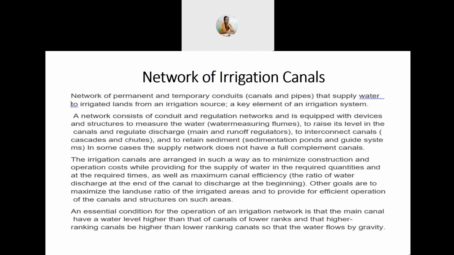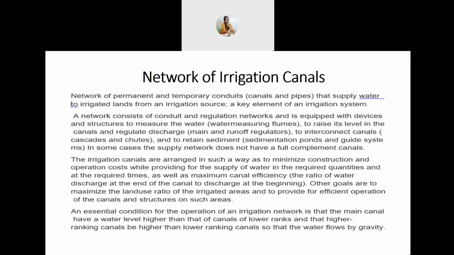In some cases, the supply network does not have a full complement of canals. The irrigation canals are arranged in such a way so as to minimize the construction and operation costs while providing for the supply of water in the required quantities and at the required times, as well as maximum canal efficiency.